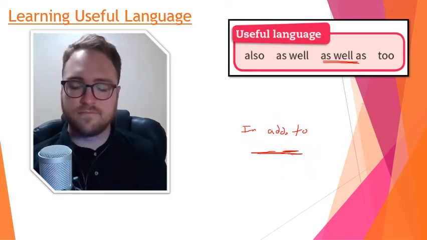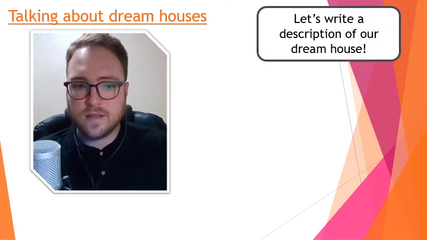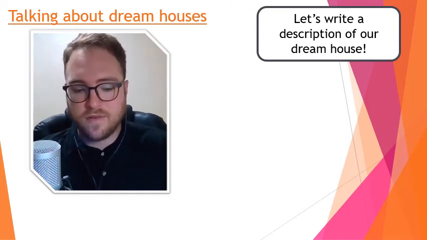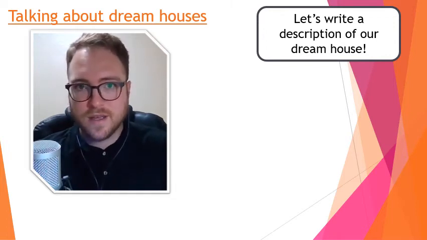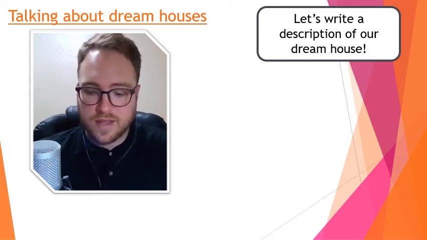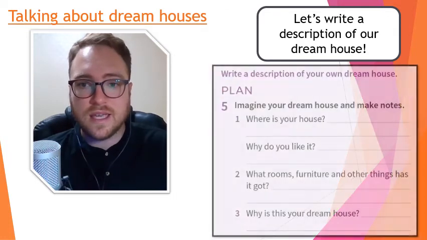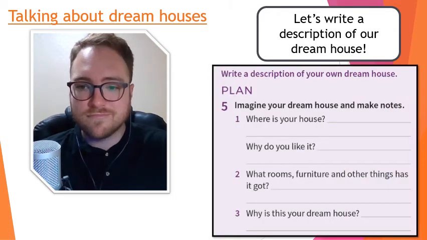Okay, everyone. Now we are going to write a description of our dream house. Okay, so this is on the same page in your book that we've been doing, okay? And you should see this box.